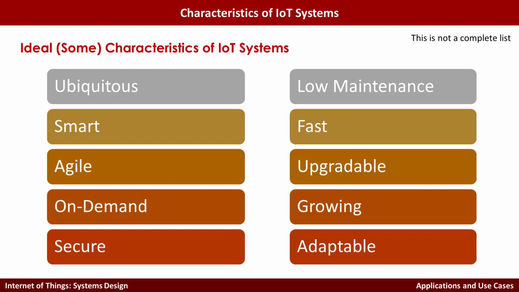And then it has to be on demand, so it should be there when the end users need it. And also it has to be secure. An IoT system should be low maintenance, and also low latency, so it should act fast and respond to the users fast.